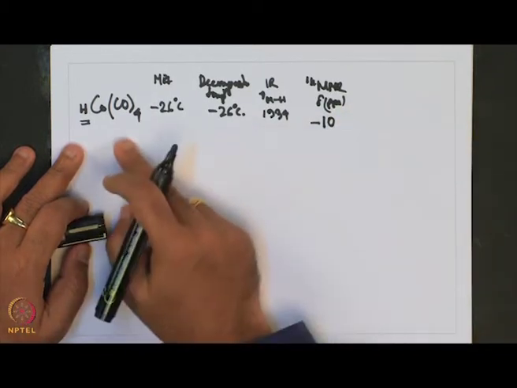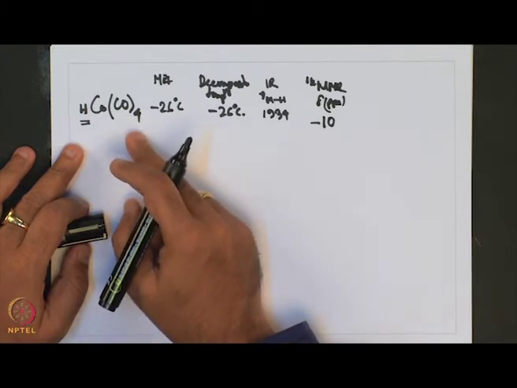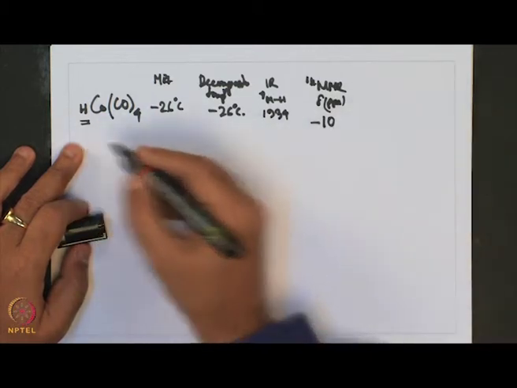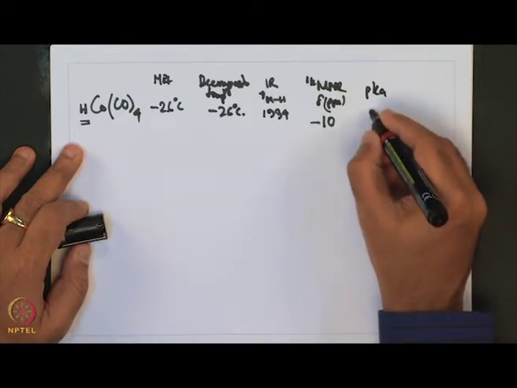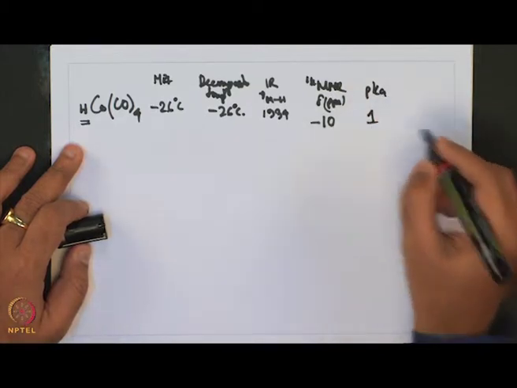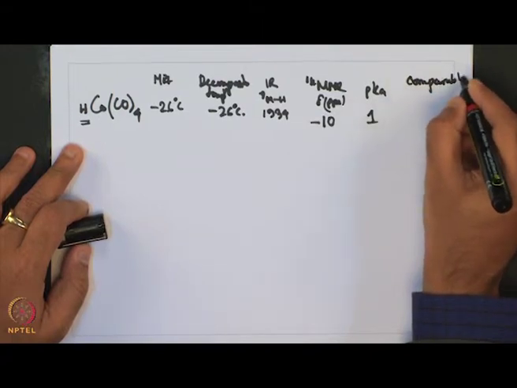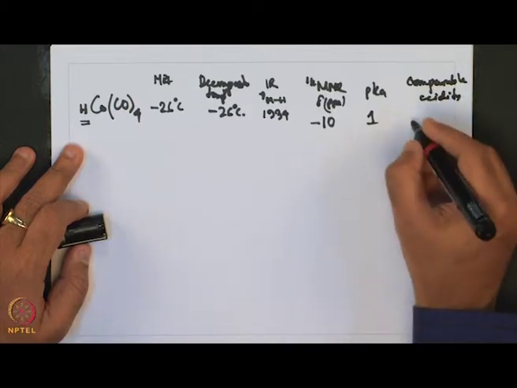Now, because of the presence of 4 very pi acidic carbonyl ligands, this hydride moiety is very much acidic and has a pKa of nearly 1, which is comparable to sulfuric acid.